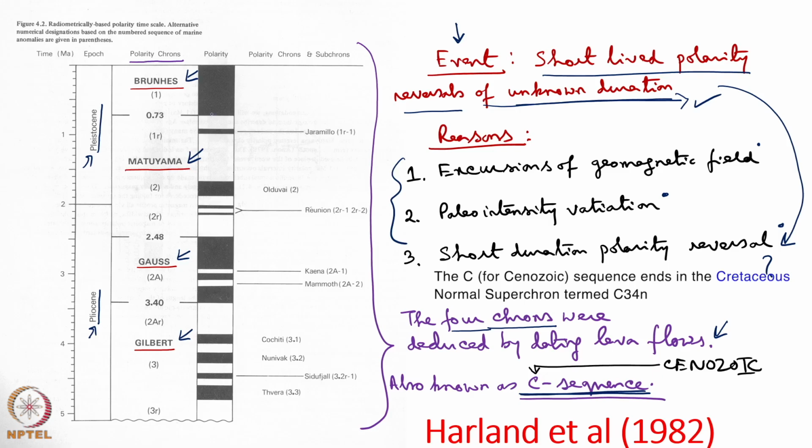Brunhes varies from 0.73 million year, Matuyama from 2.48 million year up to 0.73 million year, Gauss from 3.40 million year up to 2.48 million year, and Gilbert from here up to 3.40 million year. These names were also used.